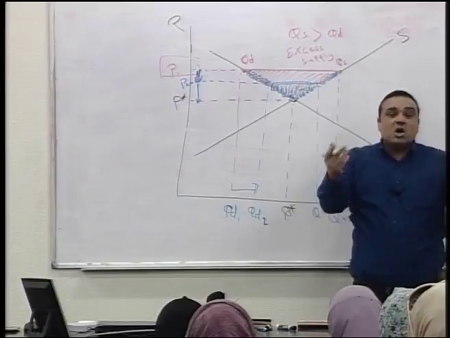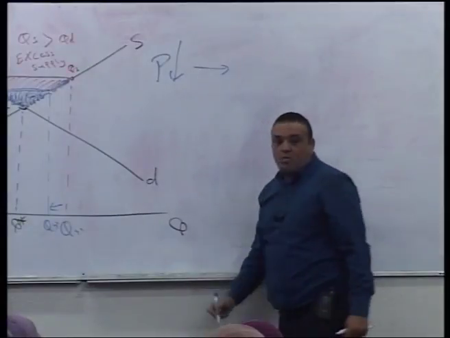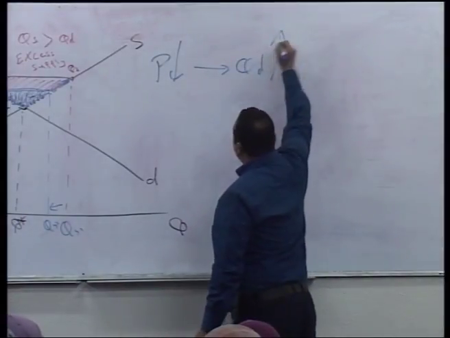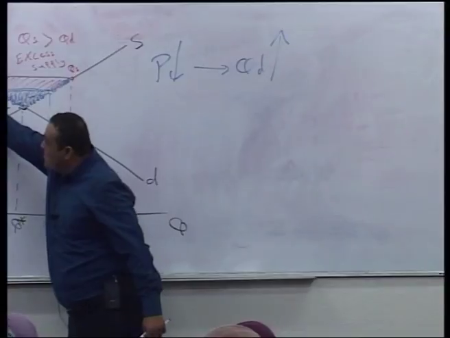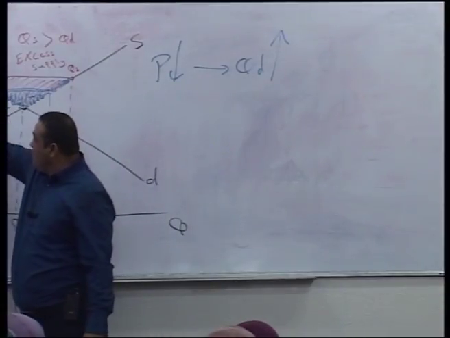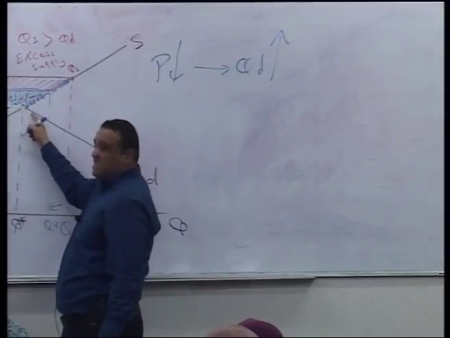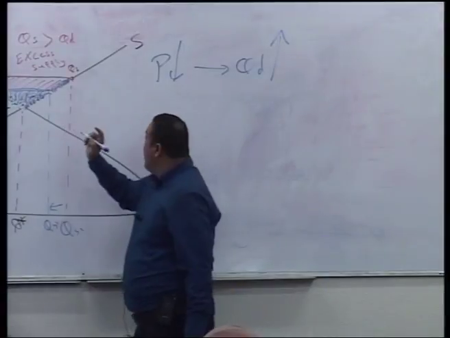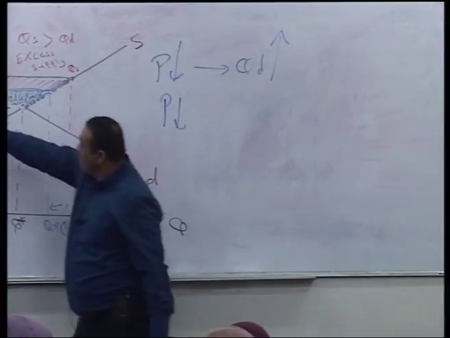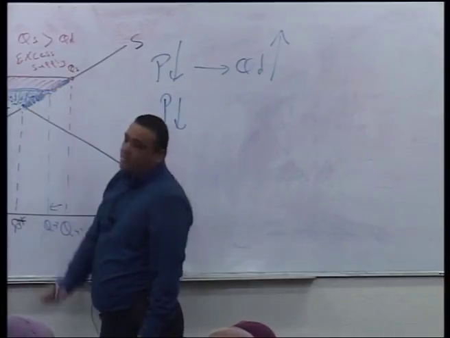When the price goes down, what will happen to the quantity demanded? As the price goes down from P2 to P star, what do you see? The quantity demanded increases. As the price goes down, the quantity supplied goes down.